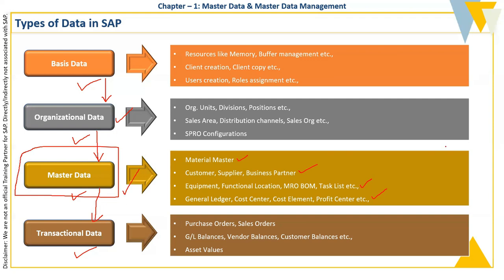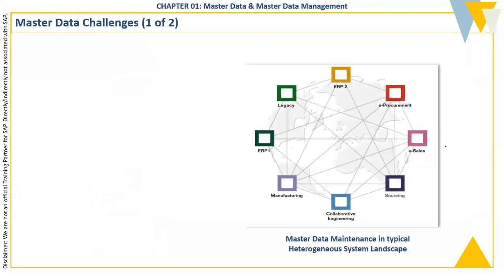Okay, I'm moving further. Now, with this master data, what kind of challenges can we foresee? This is at a high level. So let's take some organization, maybe some client, ABC client. The client has their operations in various regions across the globe.